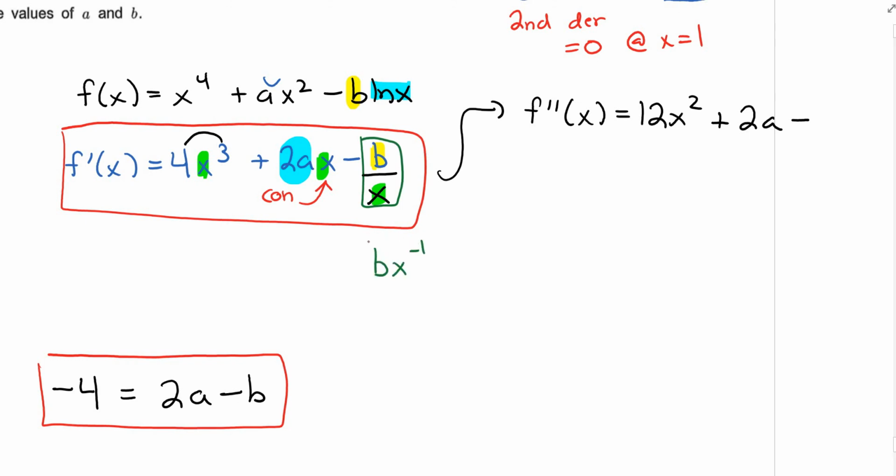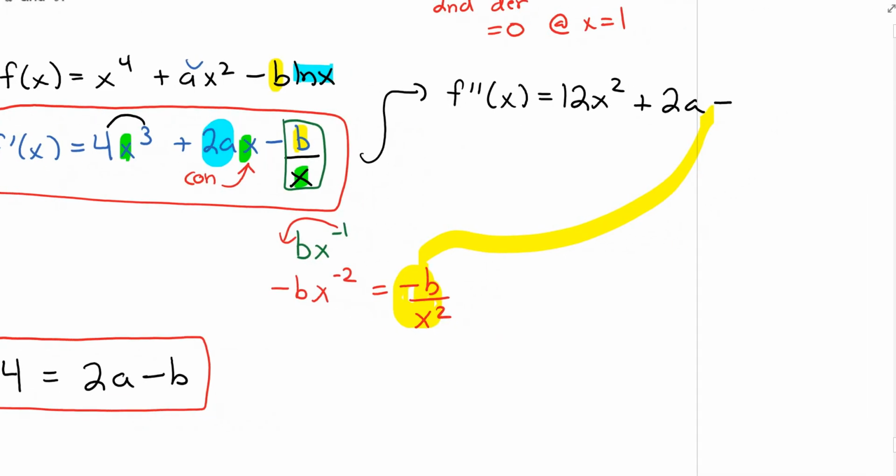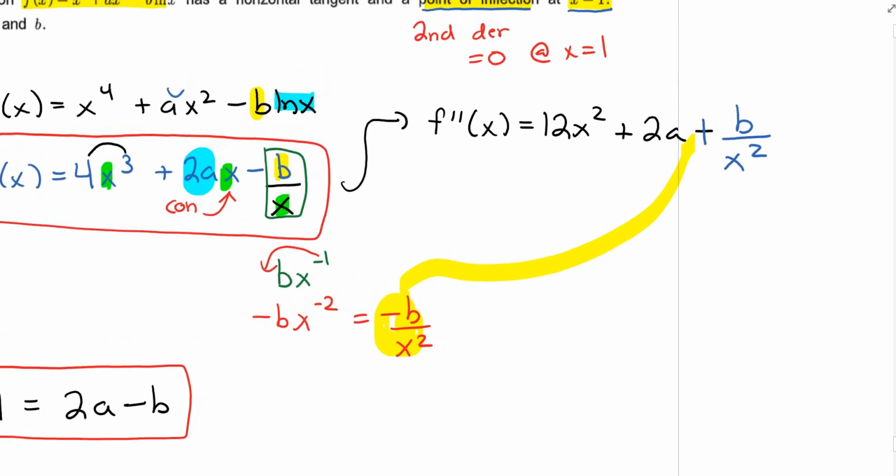If I take the derivative, the minus 1 would come in front, so negative b, x to the power negative 2, and that would equal negative b over x squared. So if I take this and replace it over there, this negative sign will now become plus, so plus b over x squared, and that would complete the second derivative.